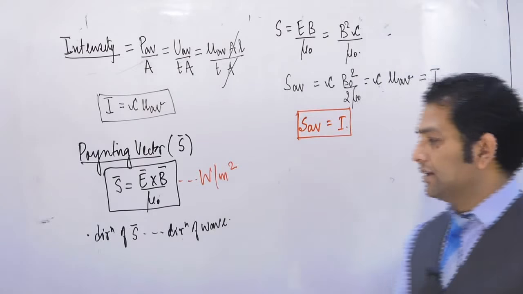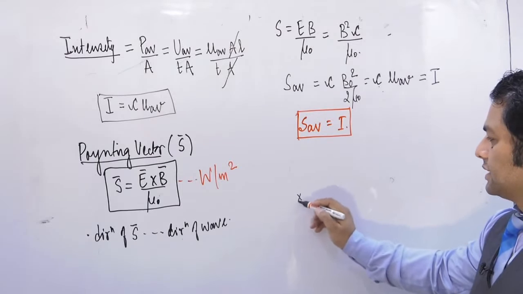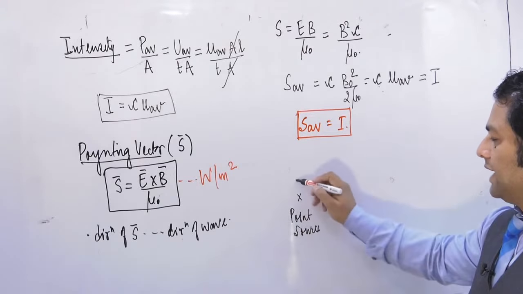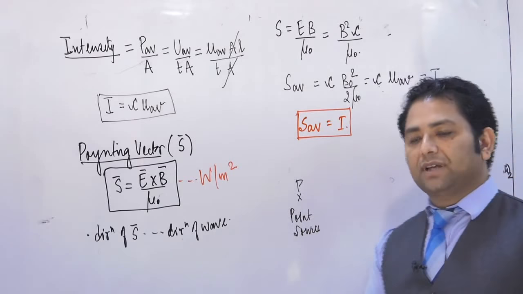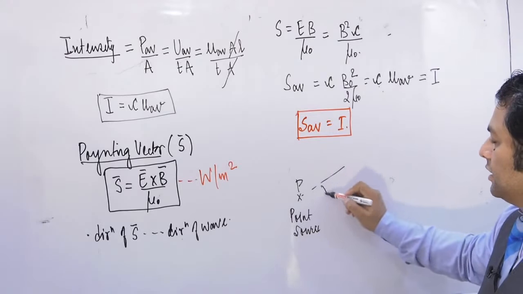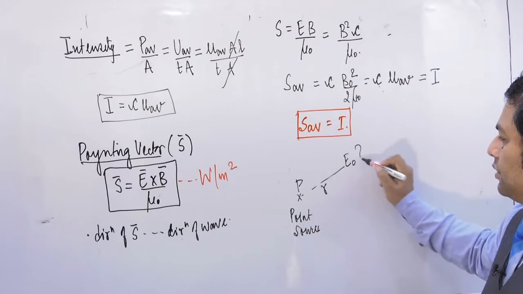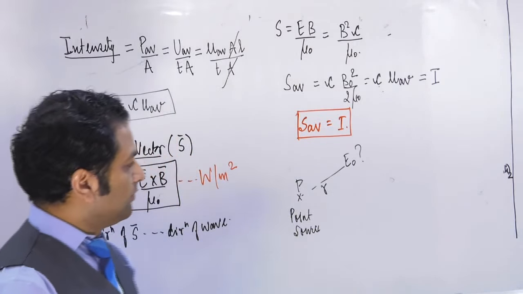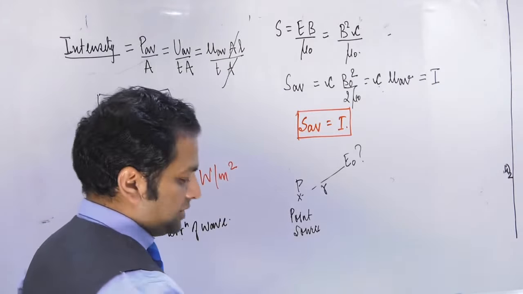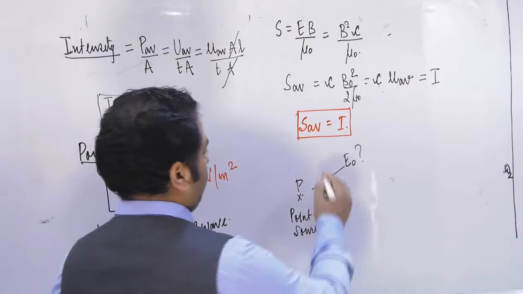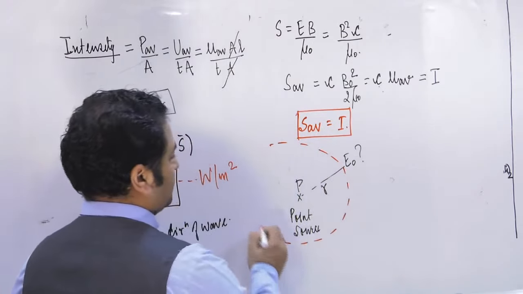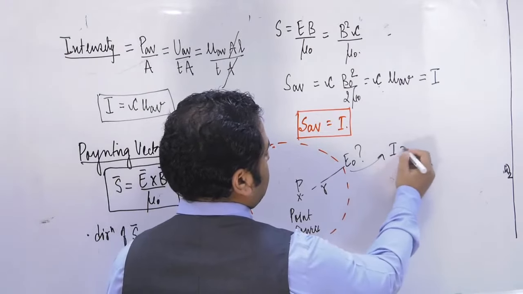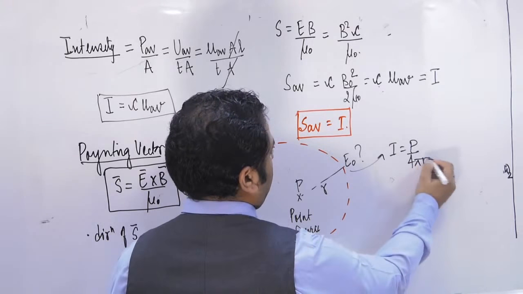There is another thing. Many times people would give a point source of light, that is P, and people would ask, at a distance R, what is the amplitude of the electric field at that given distance R? This is one logical question that comes. You know that the wave is traveling in a spherical volume. So how much will be the intensity there? Intensity is P upon 4 pi R square.